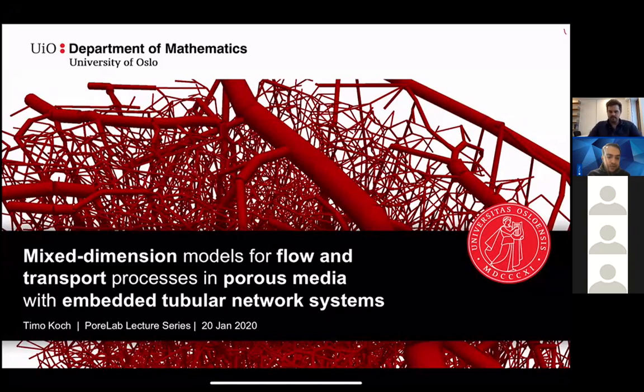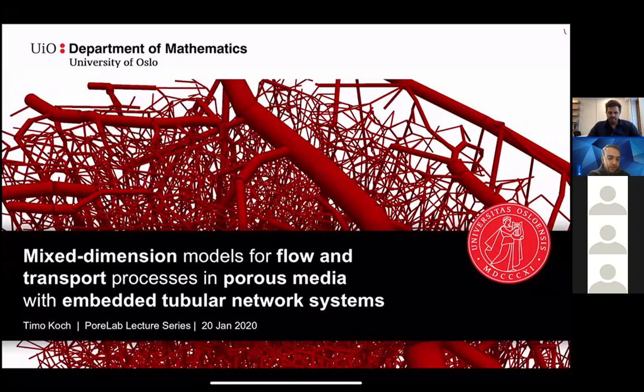Our speaker today is Dr. Timo Koch, postdoctoral researcher at the University of Oslo. He studied environmental engineering and did a PhD at the University of Stuttgart on mixed dimension methods to model flow in porous media with embedded network structures, and applied these methods to root soil interaction flow in vascularized biological tissues and well models for hydrological reservoirs.